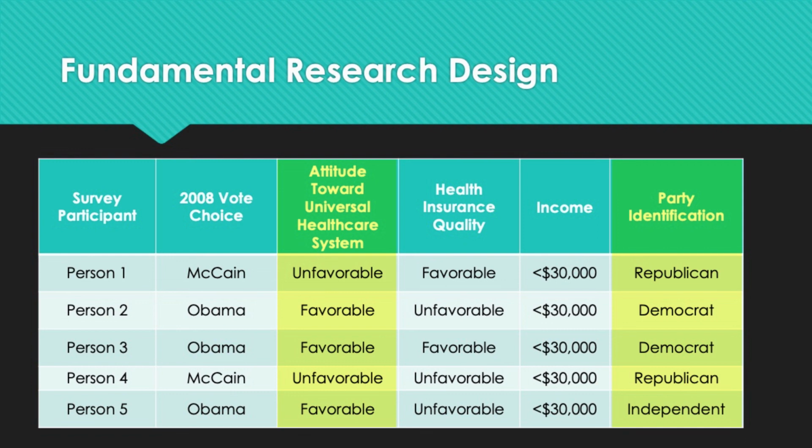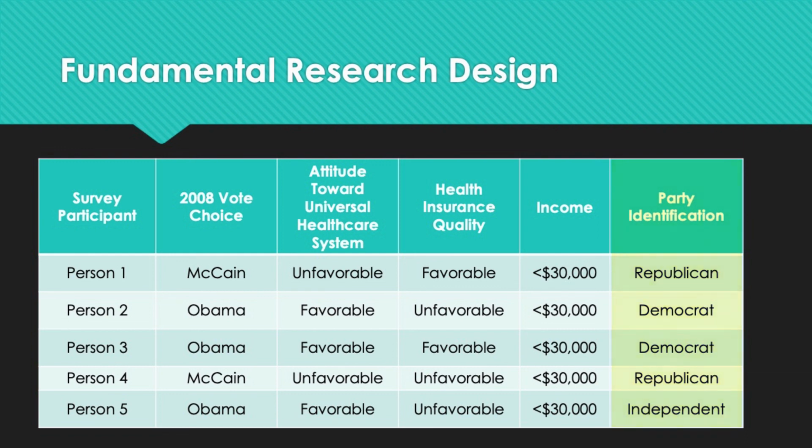Well, probably not. We know that people generally develop their party identification very early in life. So it makes sense that party identification is antecedent because it occurs much earlier than these other variables. So party ID is a great example of an antecedent variable. It's something that most people develop very early in life, and likely it's going to come before all of your other variables.